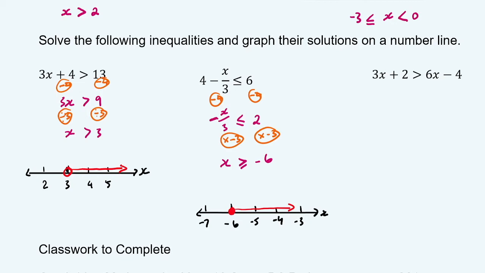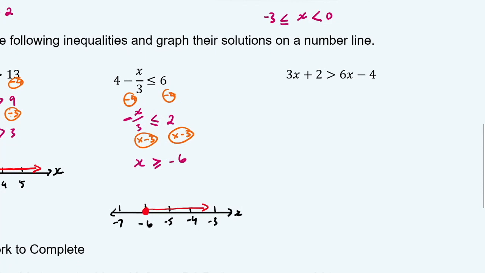The last one has a few extra steps in it because it's a slightly bigger inequality. So let's get cracking on our last one here. Same process as before. Let's solve like it is a regular equation. What I'm going to do first, because I like to play with positive numbers for the most part, is start by subtracting 3x.